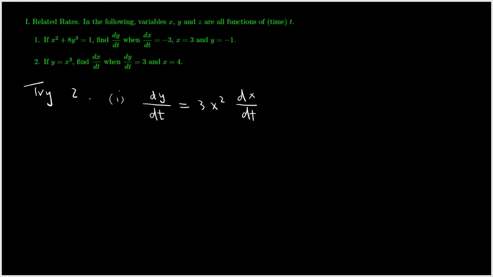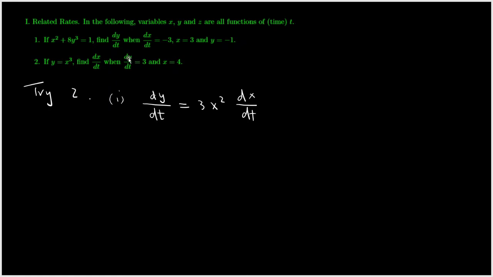And then interpret dy over dt as the rate of change of y. And you interpret dx over dt as the rate of change of x. That is the first step. You imagine the two quantities x and y are related by an equation y equals x cubed.